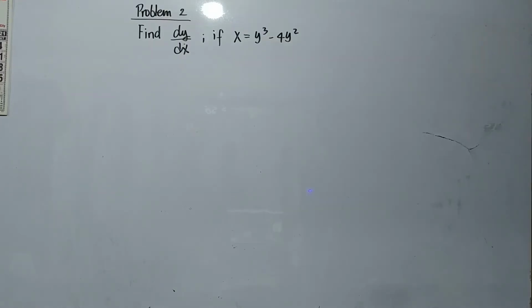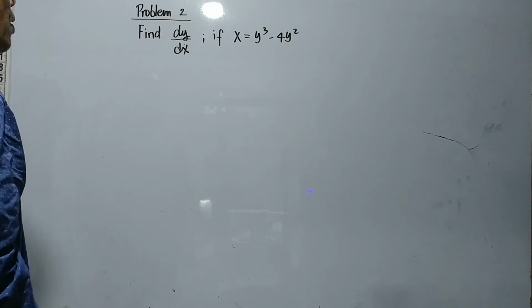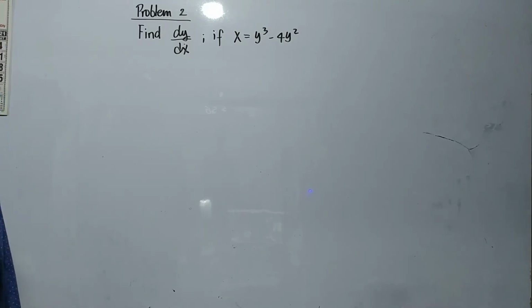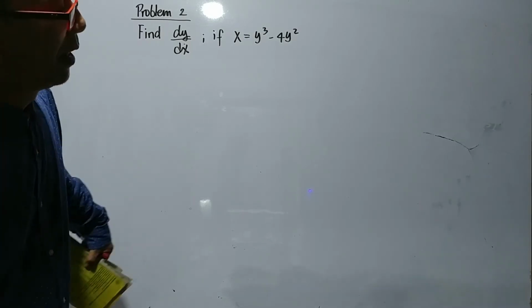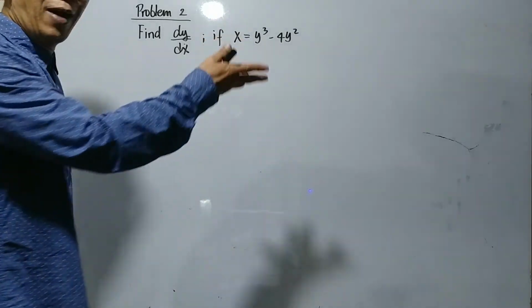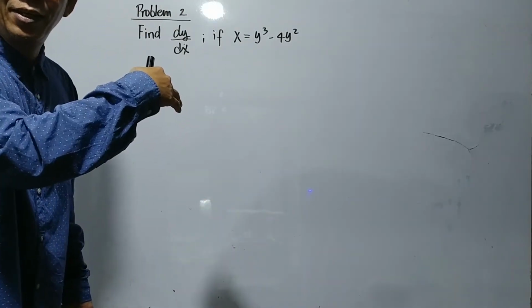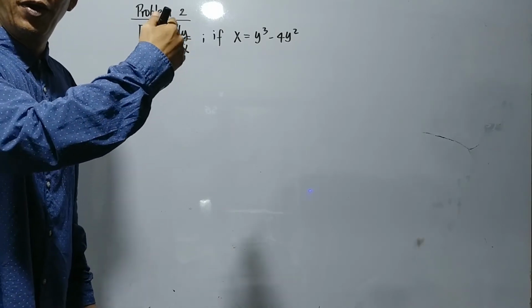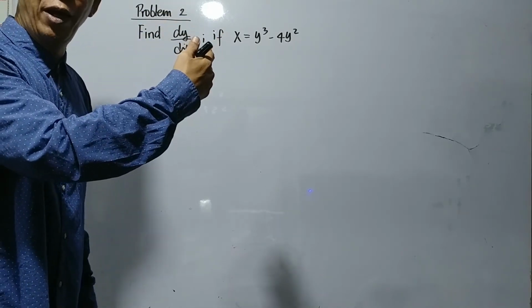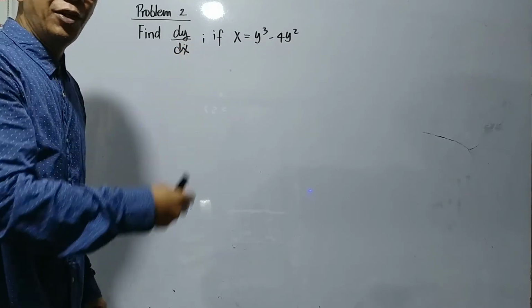So, for problem number 2, find dy/dx if x equals y cubed minus 4y squared. As you notice, guys, we are used to y equals. Here, x comes first. You get the point? So, you can still solve it by way of differentiation.